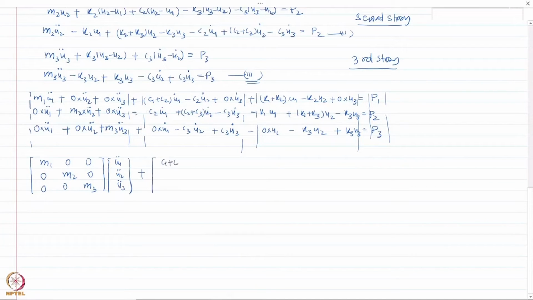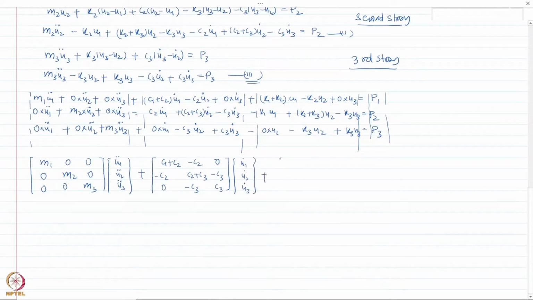And then I have the damping matrix, which is multiplied with the velocity vector: C1 plus C2, minus C2, 0, then minus C2, C2 plus C3, minus C3, then 0, minus C3, and C3.